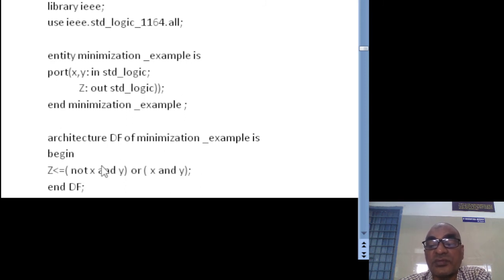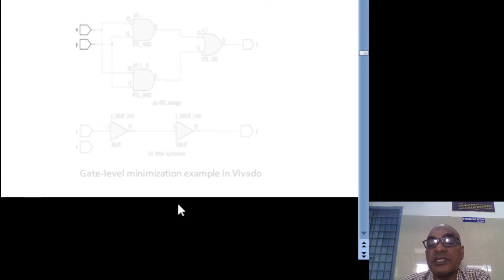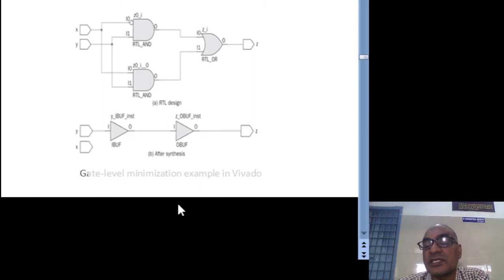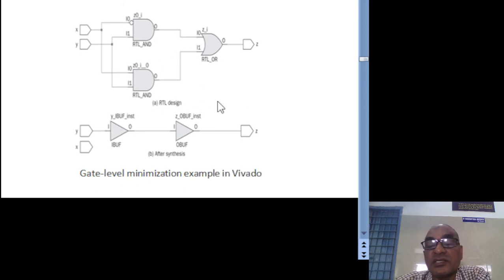Then these two terms are combined using the OR operation. Then end architecture name. After getting the synthesis report, first the RTL structure, RTL meaning register transfer logic, based on the above program, is given by the synthesis report.